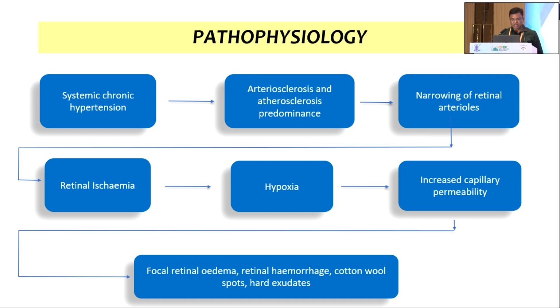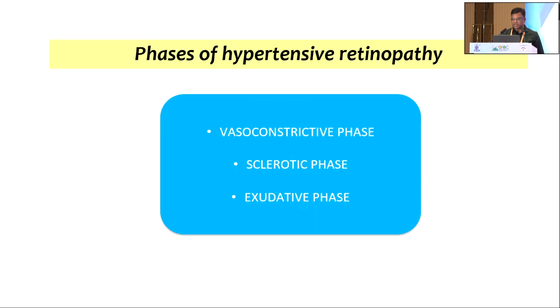Chronic hypertension leads to atherosclerosis, and the atherosclerosis leads to narrowing of the retinal arterioles, which leads to ischemia, hypoxia, and increased capillary permeability, and that leads to focal retinal edema, hemorrhages, cotton wool spots, and hard exudates.